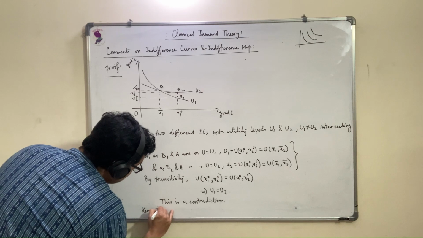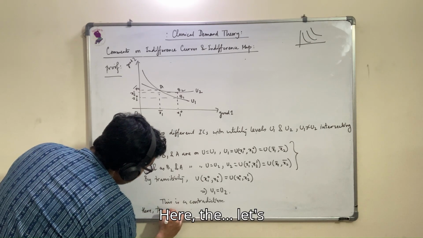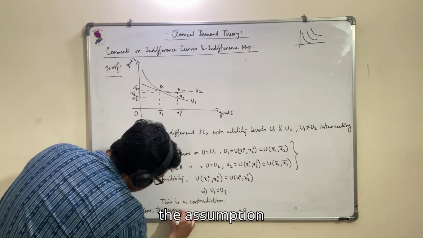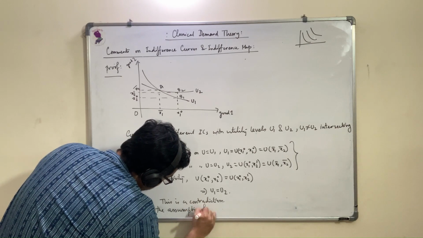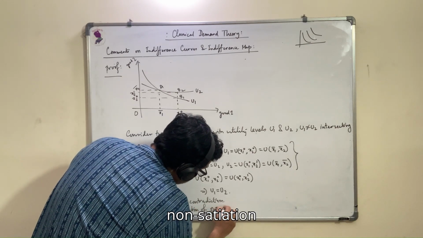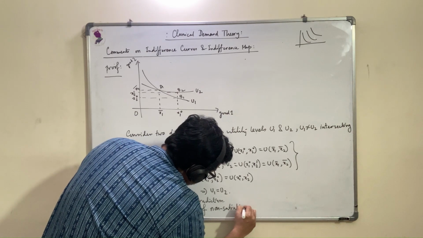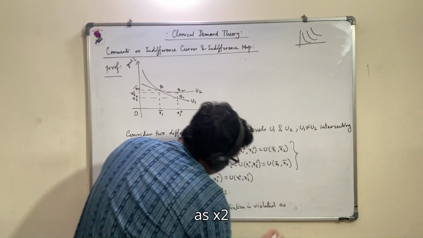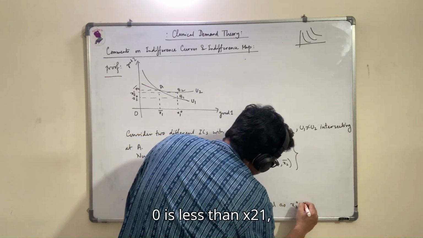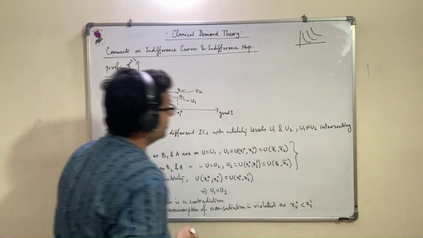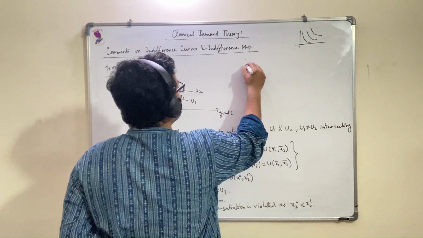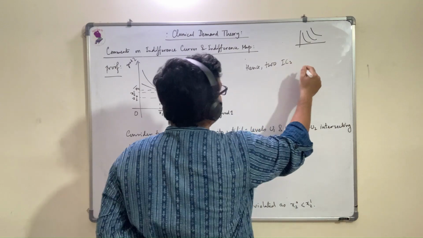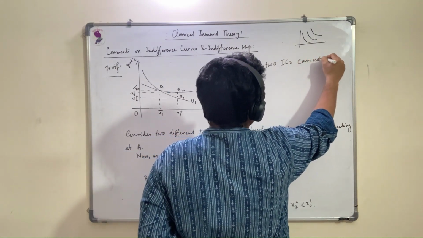Here let's write assumption. So the assumption of non-satiation is violated as x2 naught is less than x21. Hence, two ICs cannot intersect.